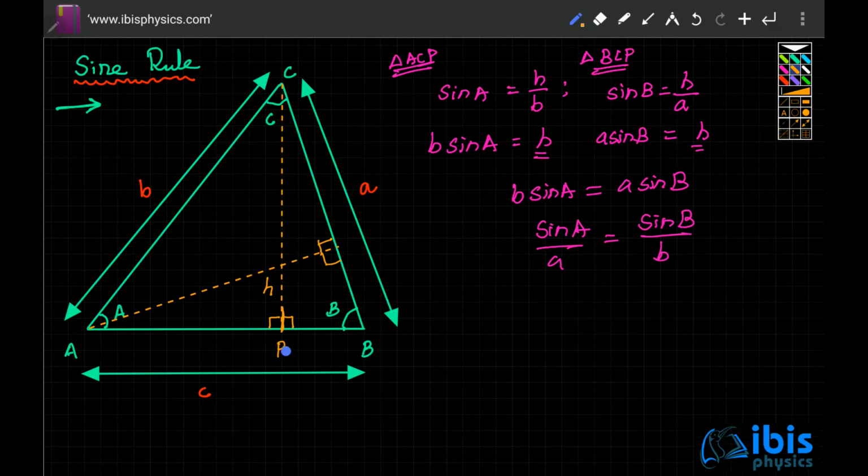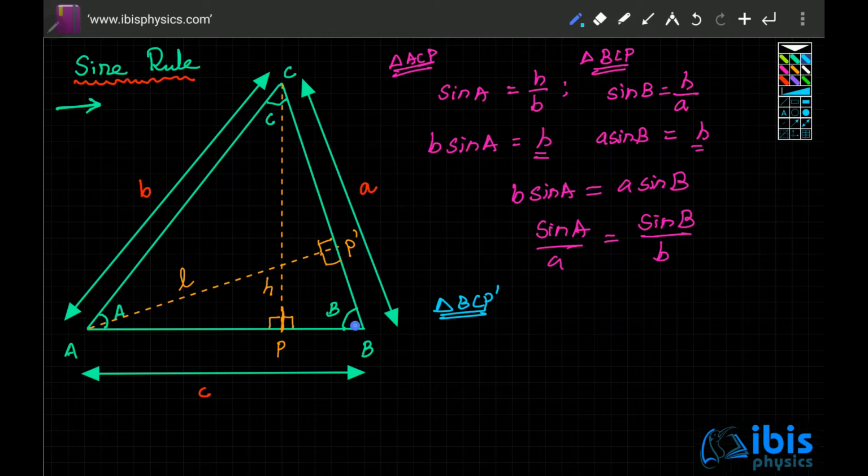Since we named the earlier point P, let us name this P prime. This length was h, this length let us call it l. Now you have two right triangles with this line, one is BCP prime, the other one is CAP prime.